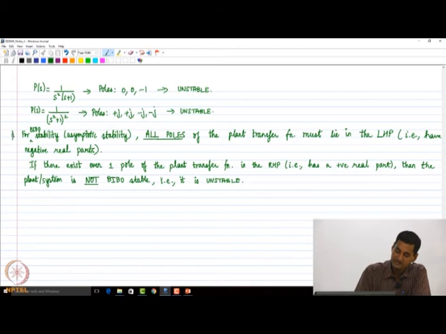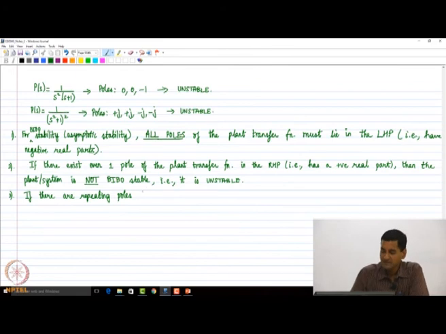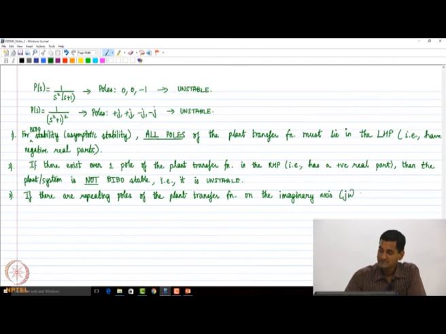Let me call this point number 1. This is point number 2. If there are repeating poles of the plant transfer function on the imaginary axis, what we call the j omega axis.